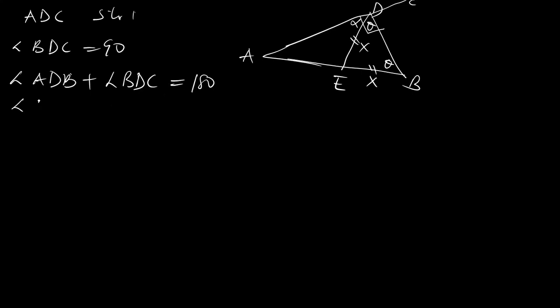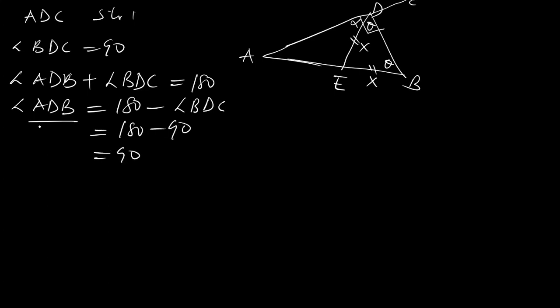So that means angle ADB is equal to 180 minus angle BDC. And since angle BDC is 90, it implies that this is also 90 degrees.